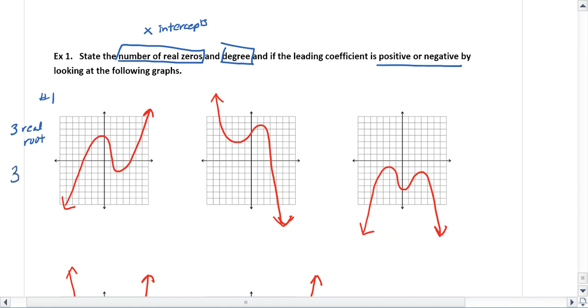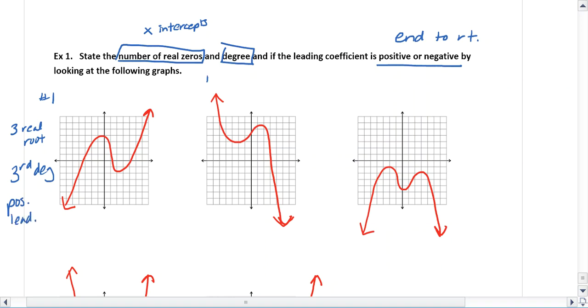Therefore, this is a third degree equation. And remember, we can look at the end behavior to the right to determine if the leading coefficient is positive or negative. Well, this graph number 1, to the right, it's going up in the positive direction. Therefore, this has a positive leading coefficient.